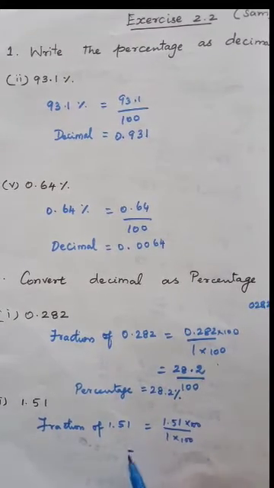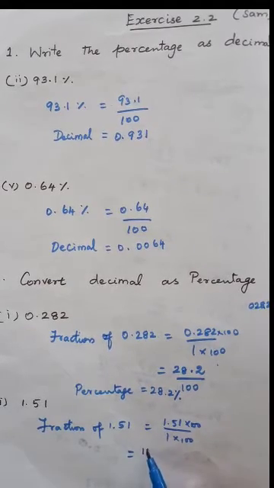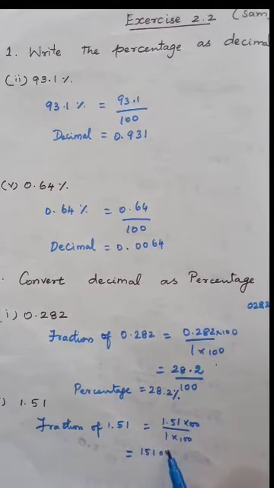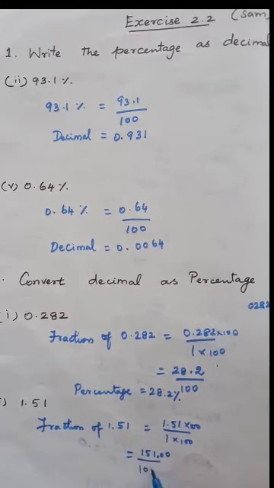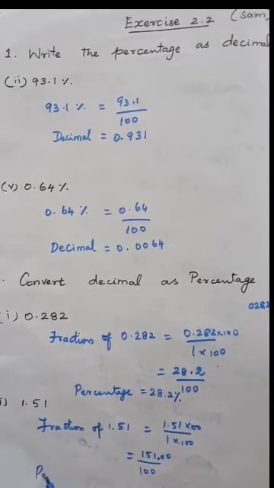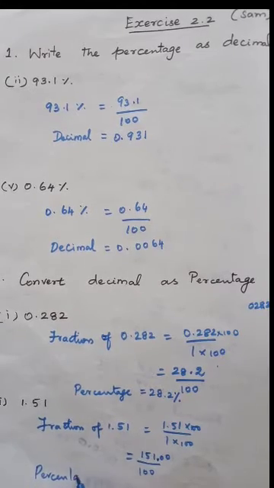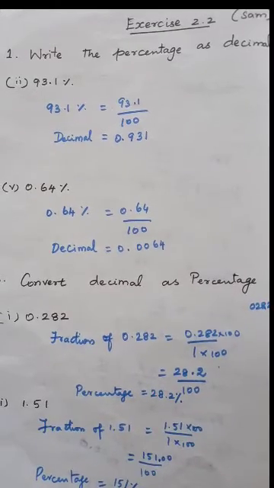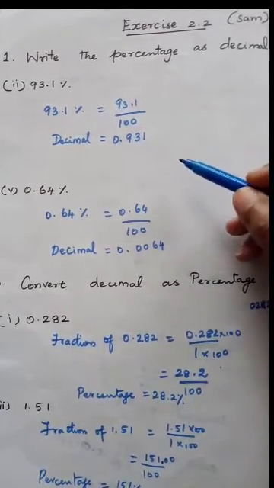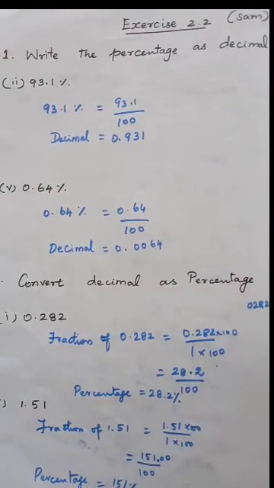That is equal to 15100, isn't it? After 2 digits, keep the point by 100. Then the percentage is equal to 151 percentage. Okay. Remaining sums in the first Roman and second Roman is homework.